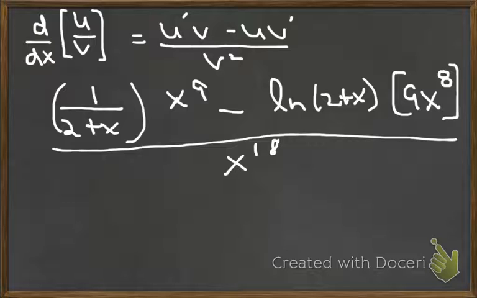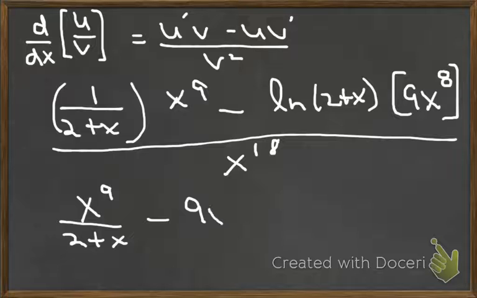Alright, so there could be some simplifications that could be done here, just to clean up a little bit. So I have x to the ninth over 2 plus x minus 9x to the 8th times a natural log of 2 plus x.